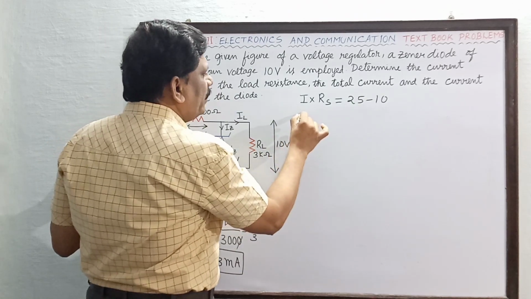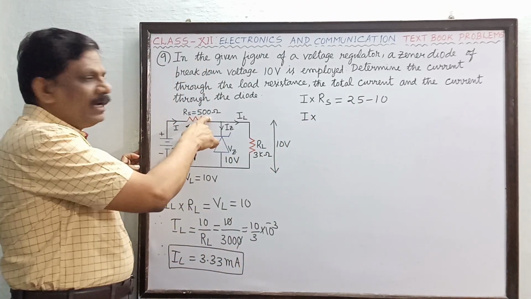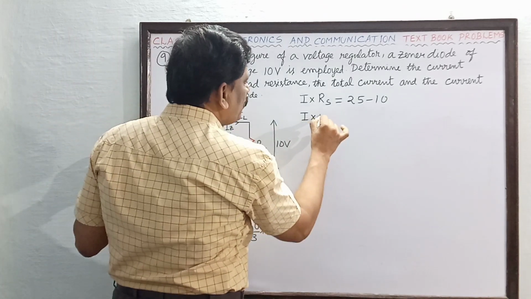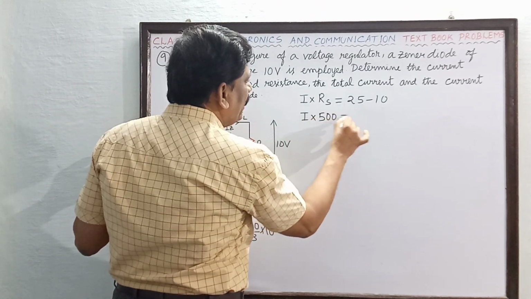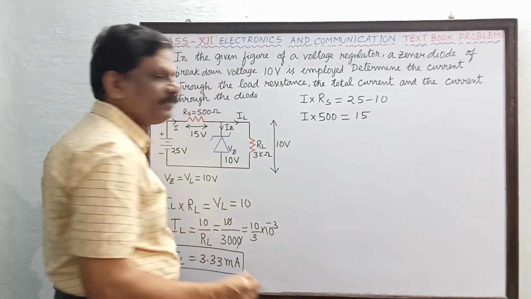So the product I into Rs must be equal to 25 volt minus 10 volt. I into 500 ohm is equal to 25 minus 10, that is 15.